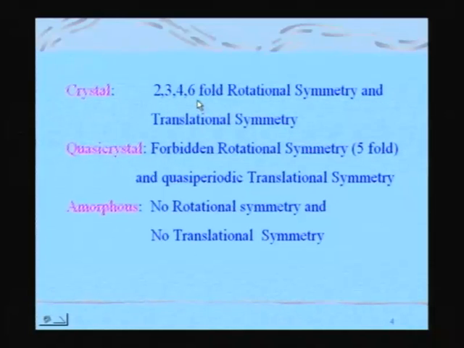I will not talk about one-fold symmetry, because one-fold symmetry is what is called a trivial symmetry. Every structure should have a one-fold symmetry. So we will not talk about one-fold symmetry, but the 2-fold, 3-fold, 4-fold and 6-fold symmetries are called the crystallographic symmetries. And if you go to amorphous, it does not have both rotational and translational symmetry.